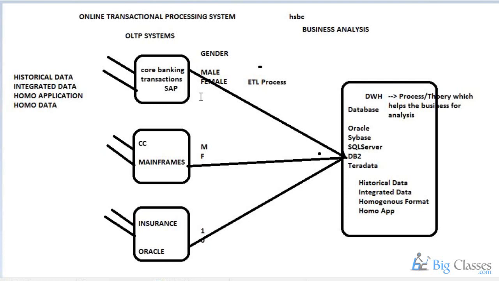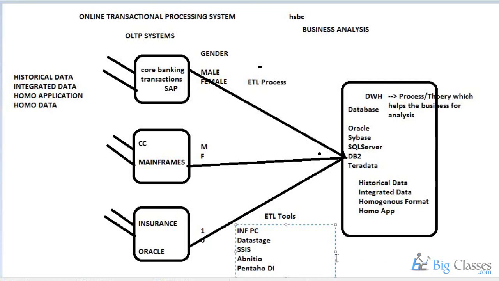So this ETL process is done by using an ETL tool. Right? So we have multiple ETL tools out there, or we can say data integration tools, like Informatica Power Center, DataStage, SSIS, Ab Initio, Pentaho.